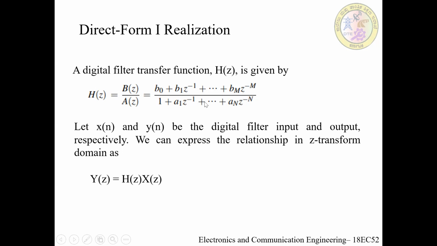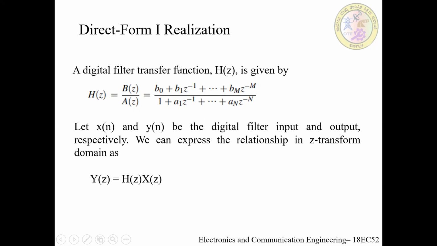We can observe here, this represents the feedback in its structure. So part of its output has been taken as input. That means the present output depends on the present input as well as past inputs along with past outputs also.